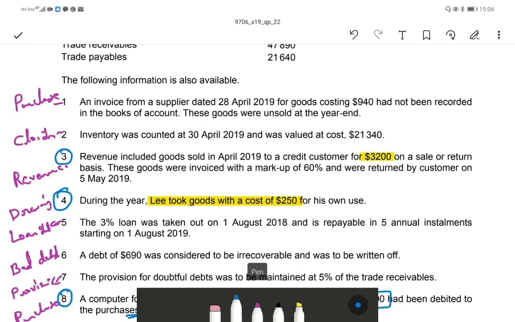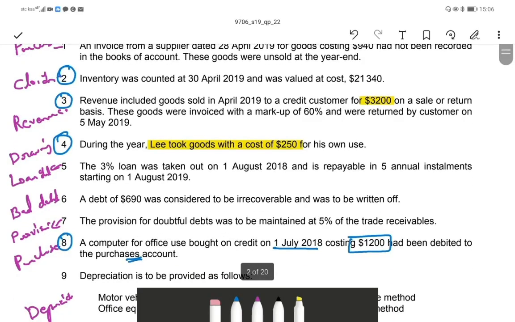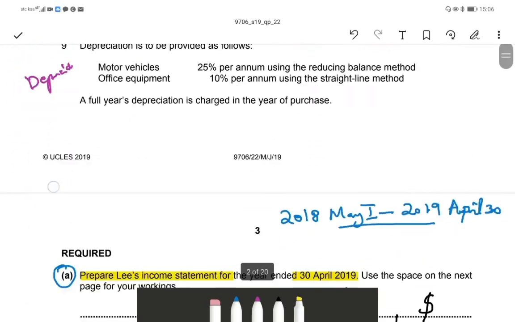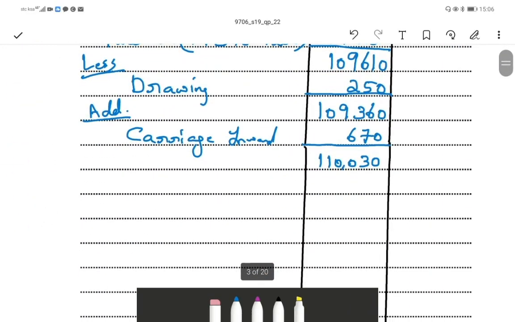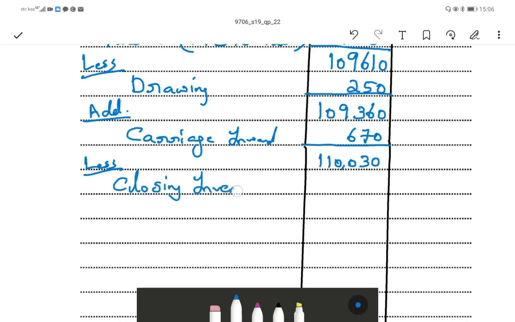So here the closing inventory is adjustment 2. Closing inventory. What is the amount? 21,340. Less closing inventory.